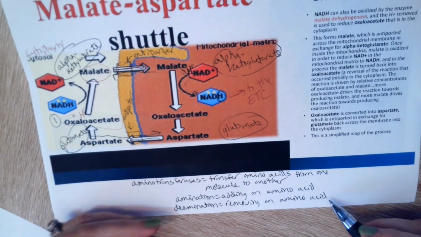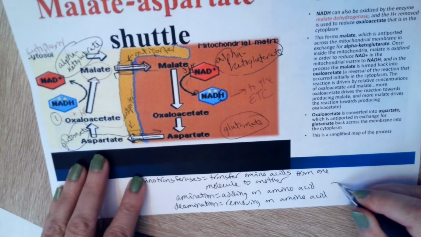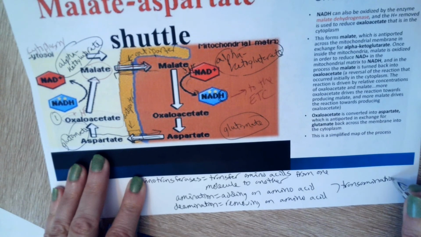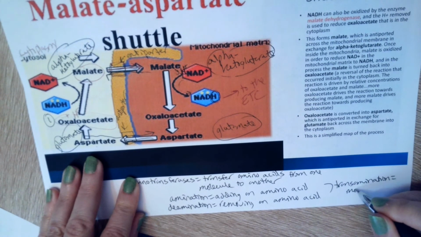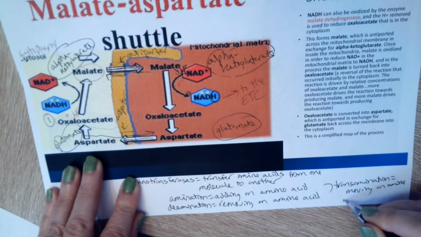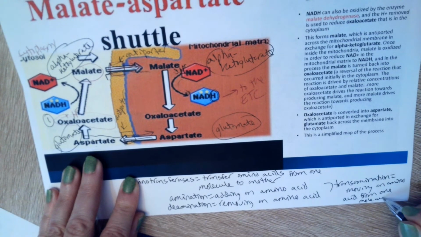If you deaminate something and you aminate another thing, you have just transaminated. So you're moving an amino acid from one molecule to another.